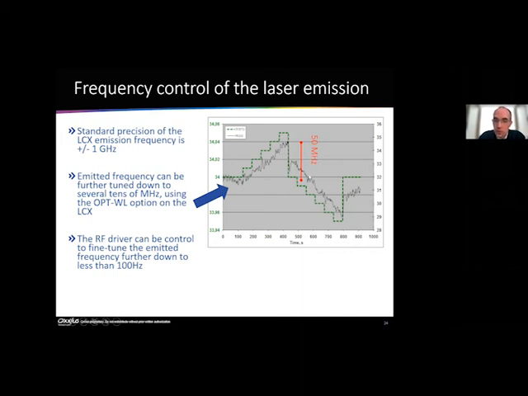so this is the frequency of the signal. This is something that we've measured using a Fabry-Perot interferometer in order to assess the variation of the frequency over time.